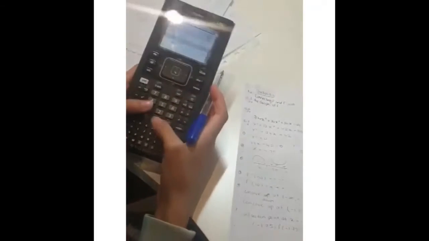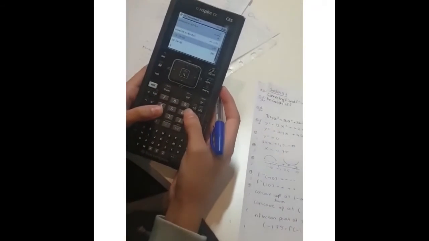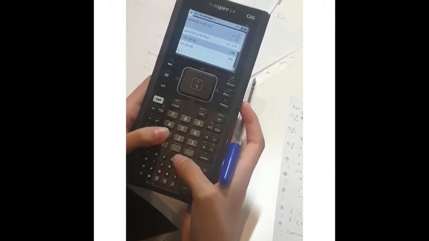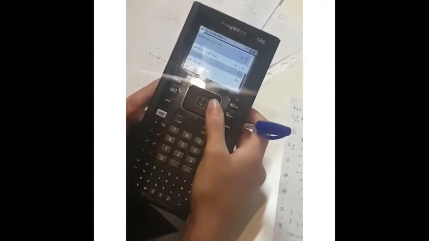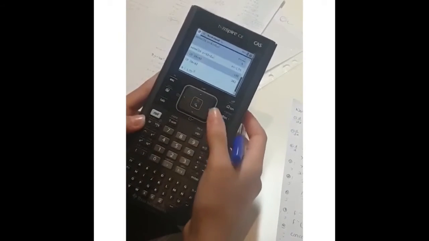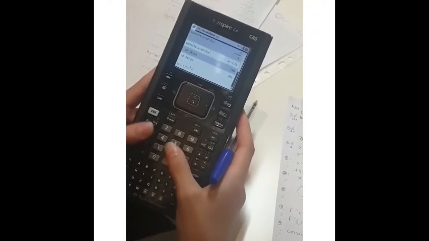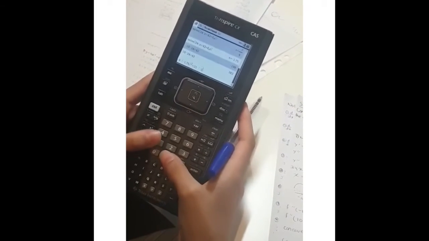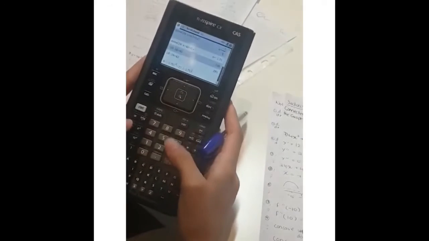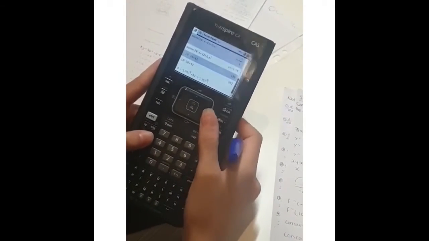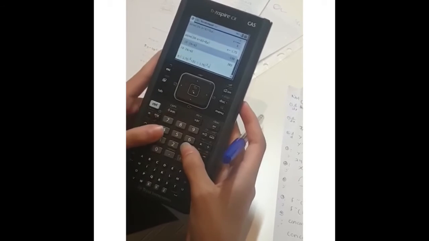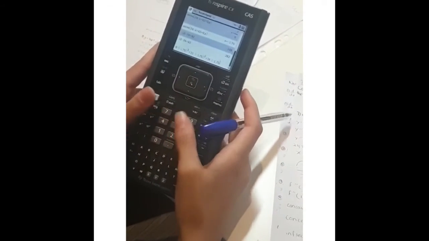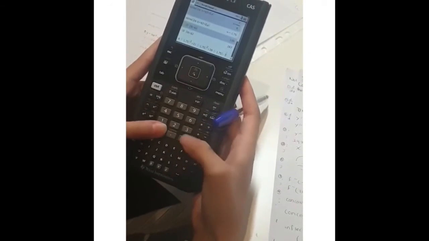So let's go back to the original formula. 4 times brackets negative 1.75 to the power of 3 plus 21 times negative 1.75 all squared plus 36 times negative 1.75 minus 20.